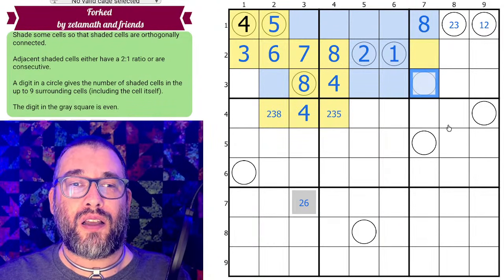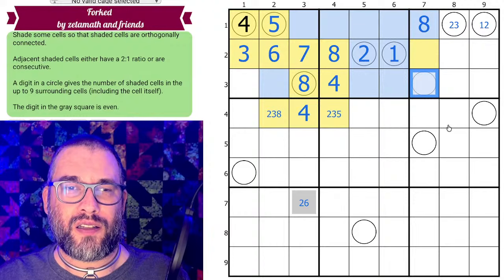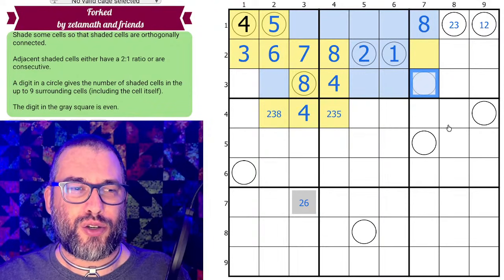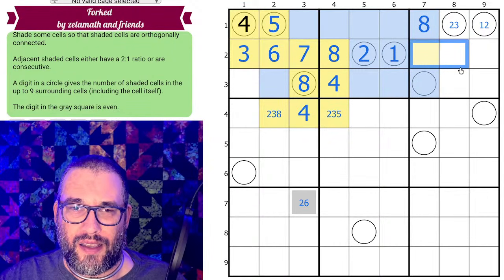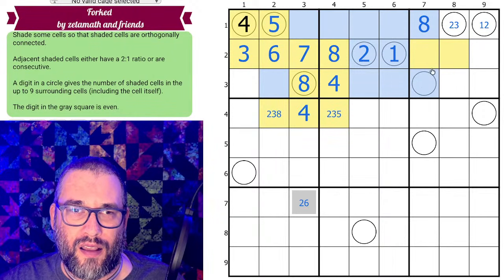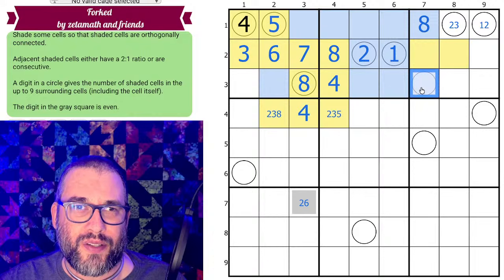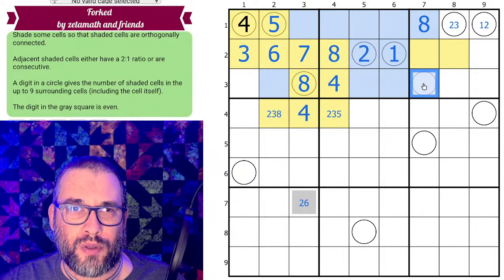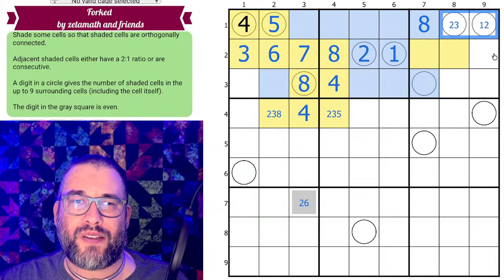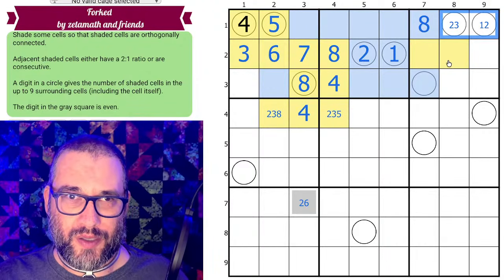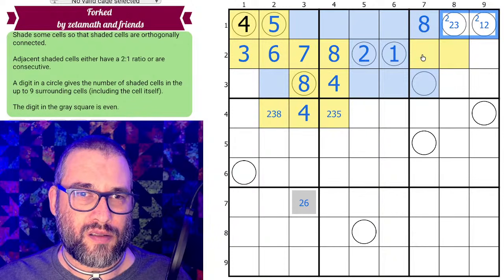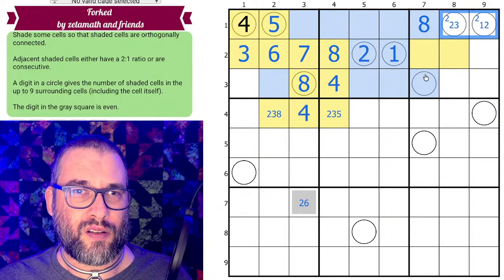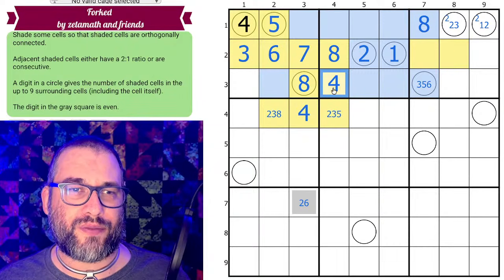I think this could theoretically... Oh, yellow gets out. So this is at least a 2. But it can't be a 2, because one of these is a 2 because they're consecutive. So this is 3, 5, or 6 only. It sees a 4.